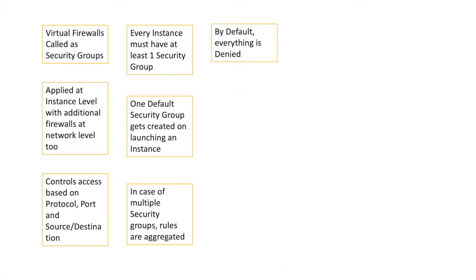Please note that by default, everything is denied. AWS follows the principle of least privilege. It is not going to allow anything by default. Everything is denied. On top of that, you specify what you want to allow to a particular instance. This is managed through the security group.